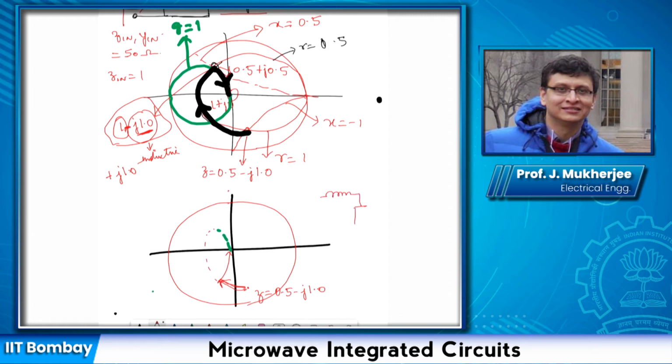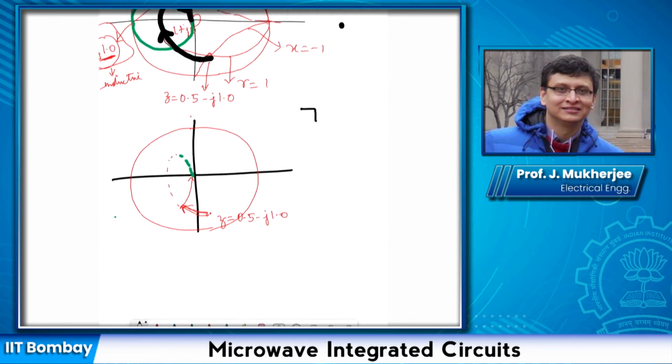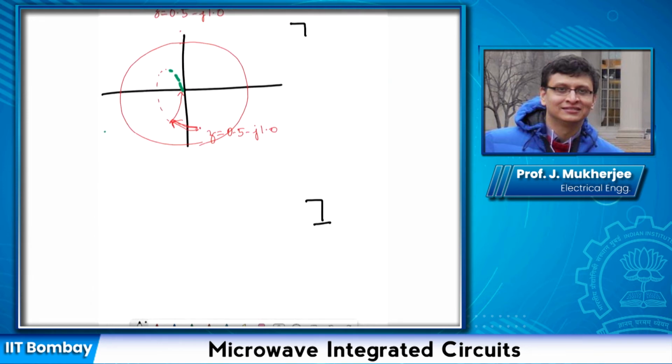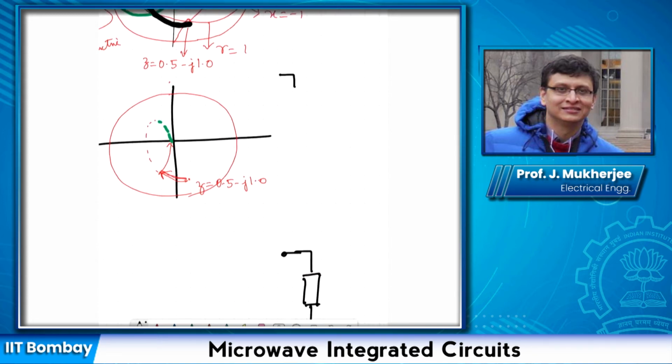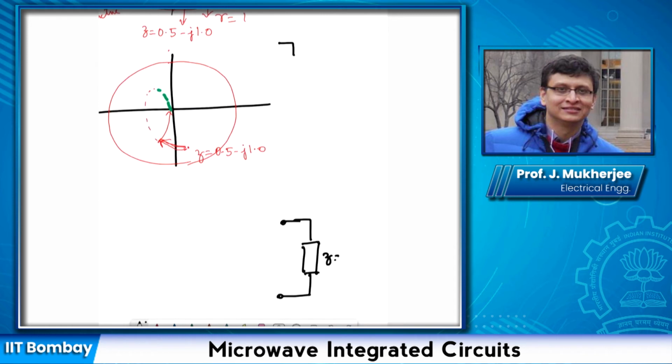Okay, so here, say my original Z is minus j 1.0, and first I add an inductor like this.